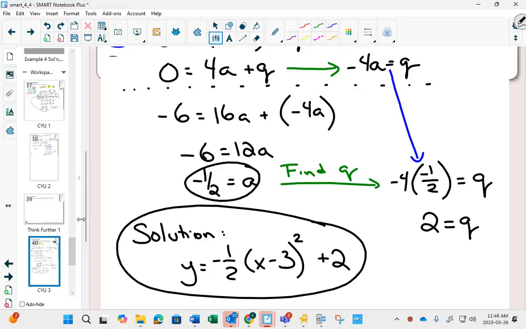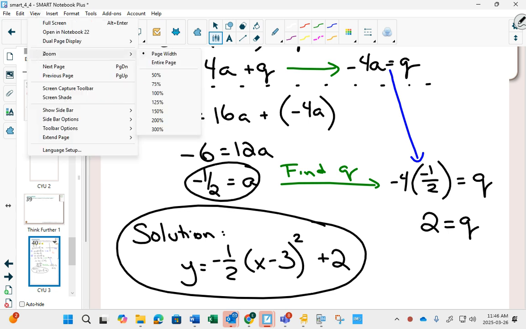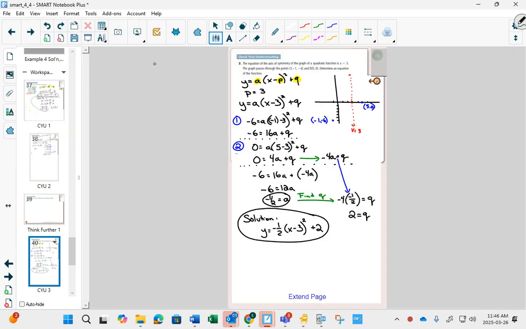Double check. I'm going to go to my graph. I just want to double check if this actually works. Here, I'll zoom out so you can see everything. Wow, that's really small. But if I went to my graph, according to this, my vertex should be at, everything I'm adding now, I'll put it in purple, that's my vertex.